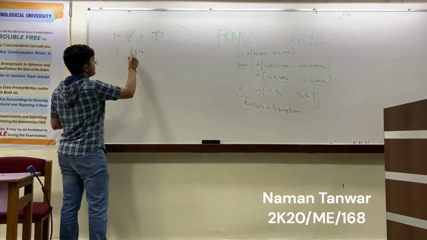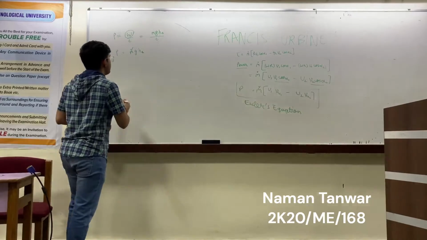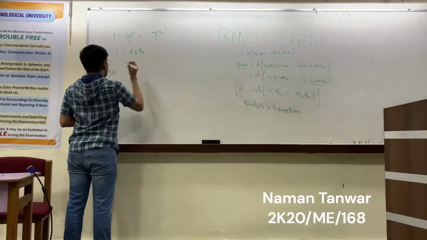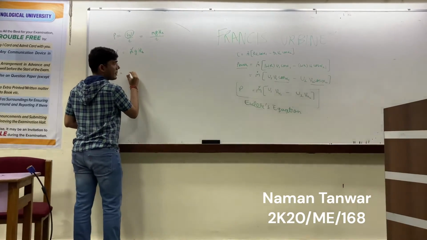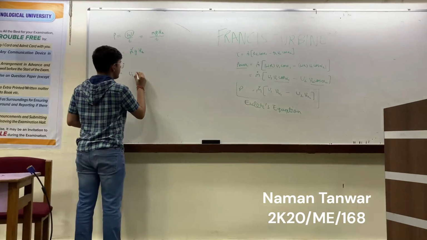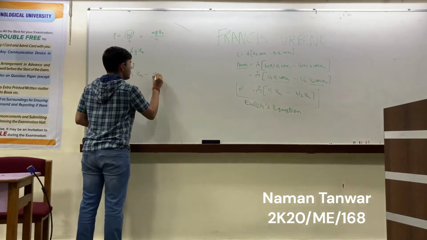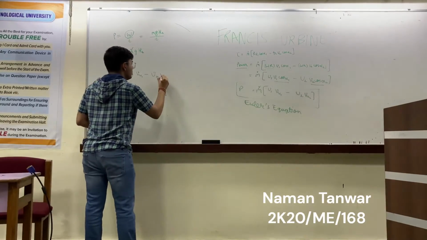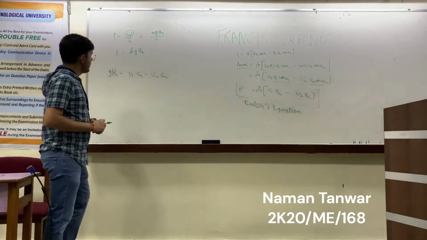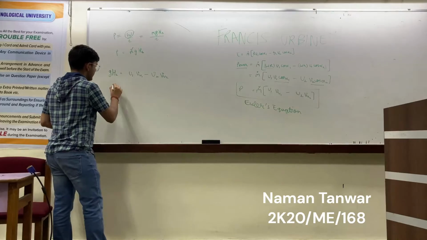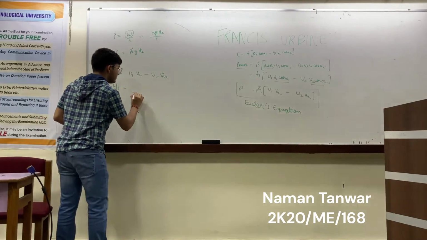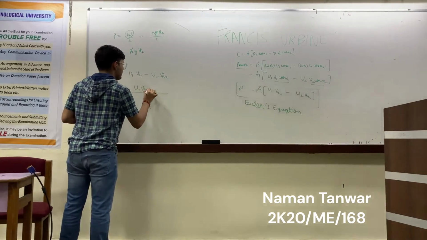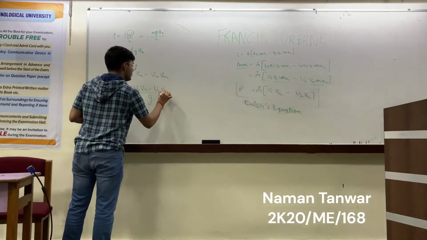The m dot will be cancelled out, and we get HE is equal to U1 V U1 minus U2 V U2.